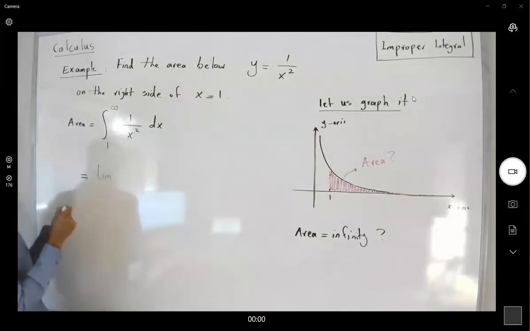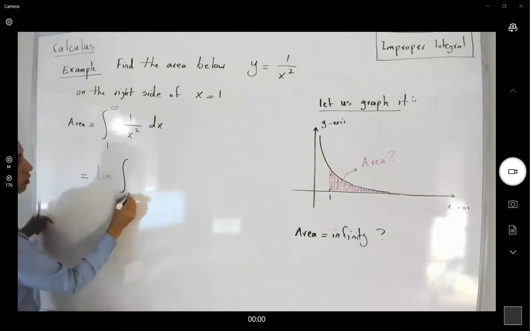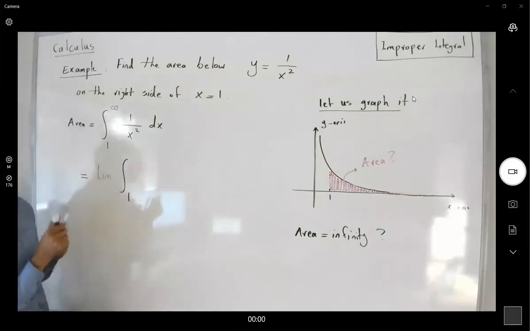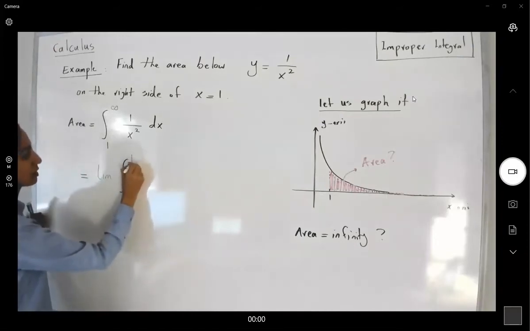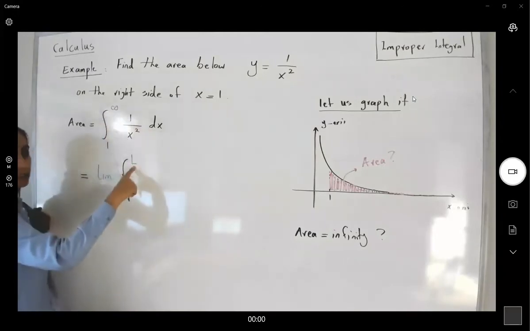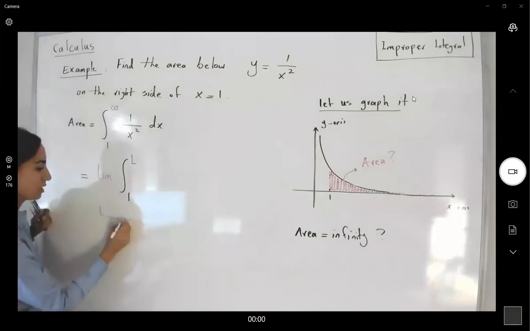The limit of the integral from 1 to L while L approaches infinity. So instead of having the upper limit as infinity, we're going to write it as L approaches infinity.